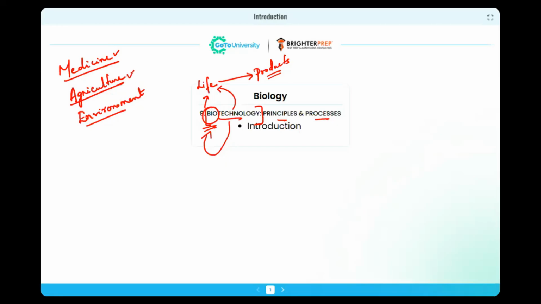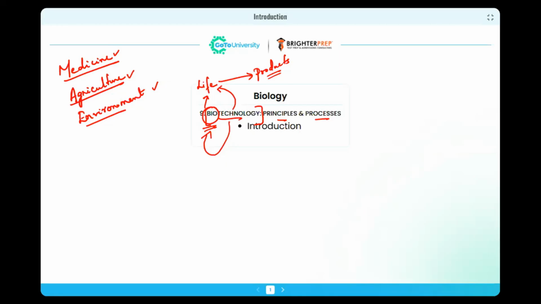In agriculture, it's used to create genetically modified crops that can resist diseases or grow better in different conditions. And in the environment, biotechnology helps to clean up pollution or recycle waste. So that is what biotechnology is.